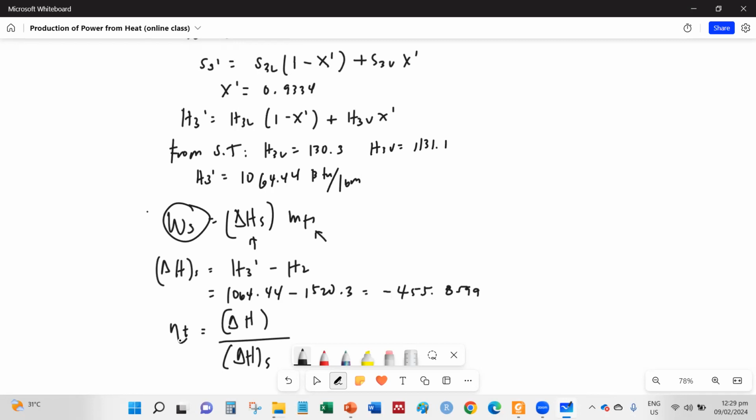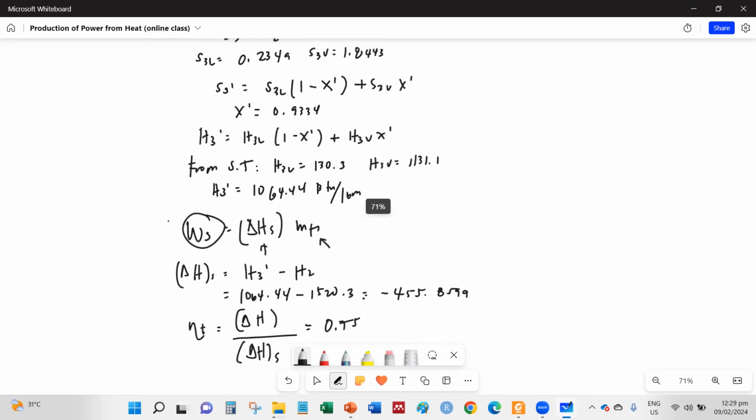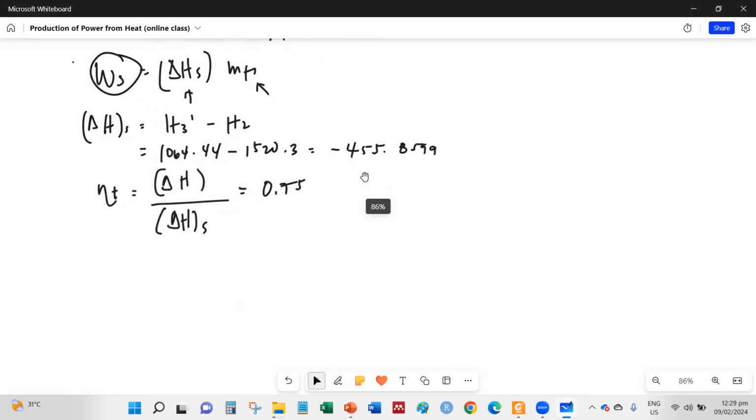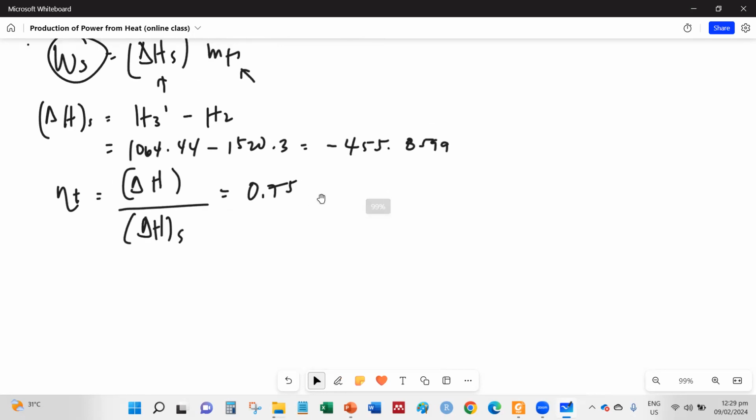This turbine efficiency is given, it's 0.75. So we put here 0.75, and we know delta H ideal.